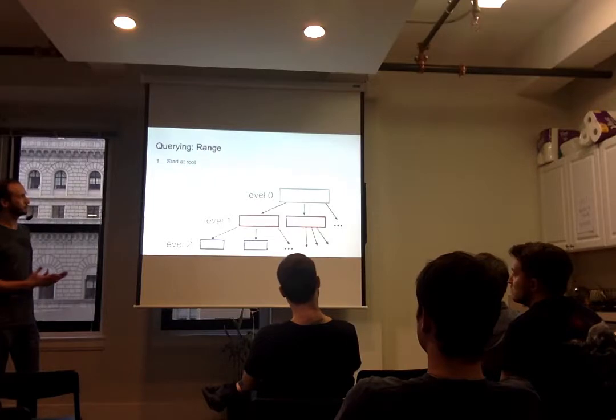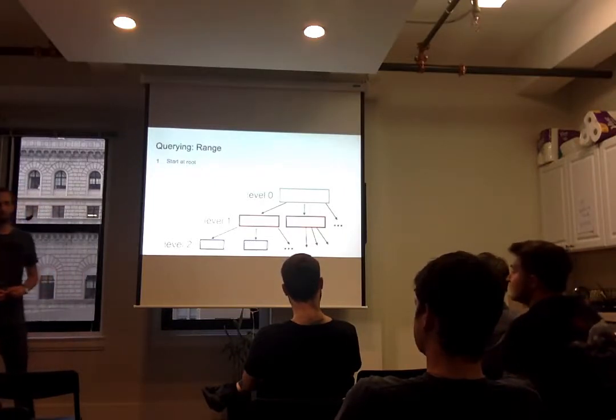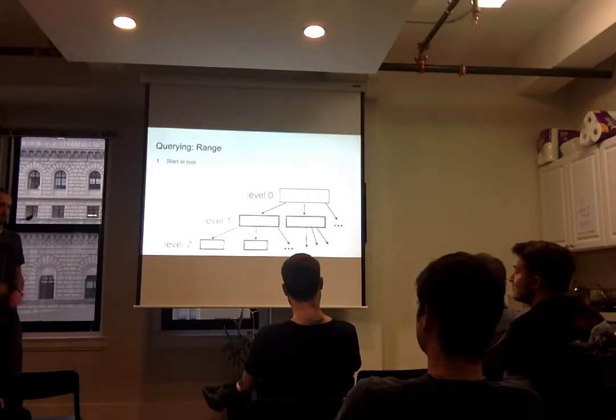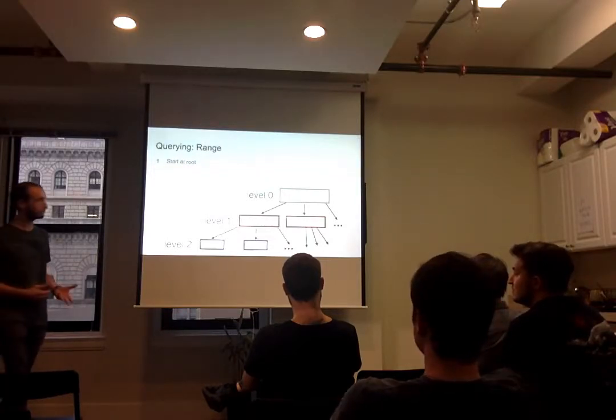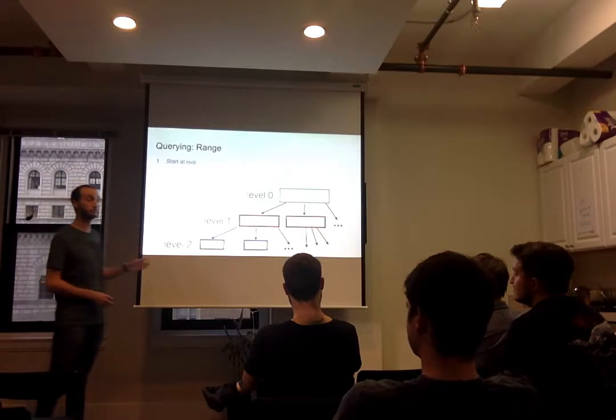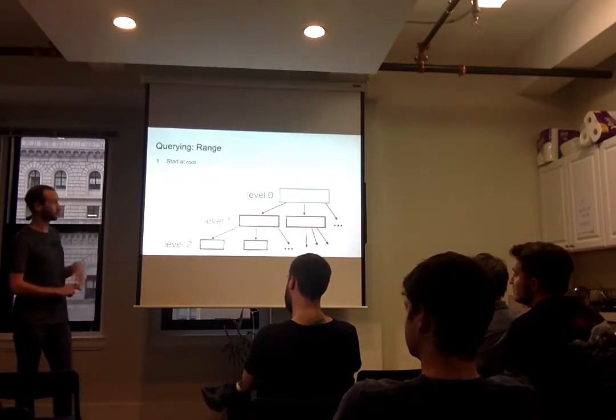Okay, so once we have these built, we need to query them. We're going to talk about range queries first, and just a reminder, that's when you have a rectangle and you're trying to find out what objects sit inside that rectangle. And this algorithm is going to apply to both an R tree and a KD tree. So we're going to start at the root, of course.